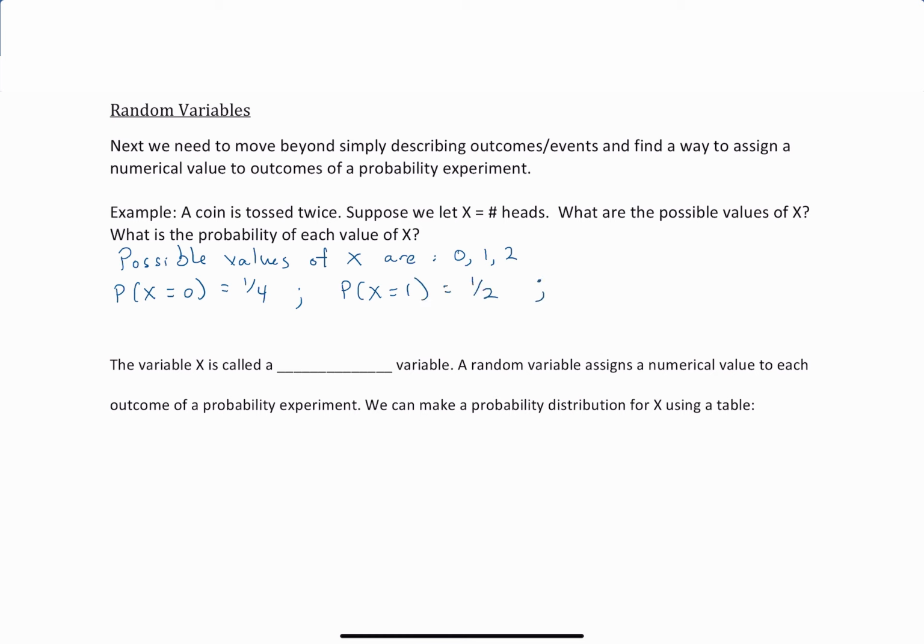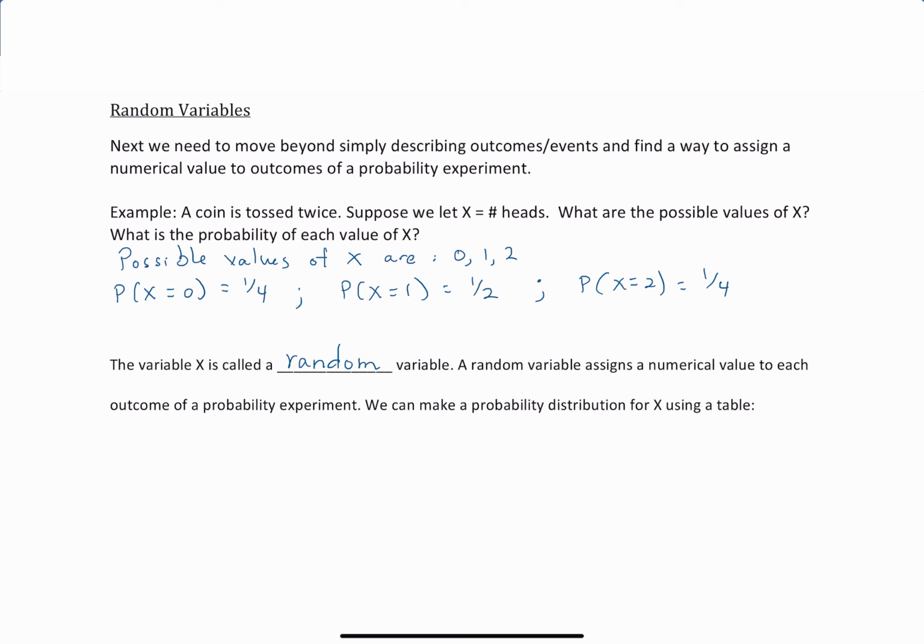And the probability that you get 2 heads, in other words, that X equals 2, is 1/4. This variable X is what's called a random variable. A random variable assigns a numerical value to each outcome of a probability experiment. By the way, notice we're using a capital letter for a random variable.